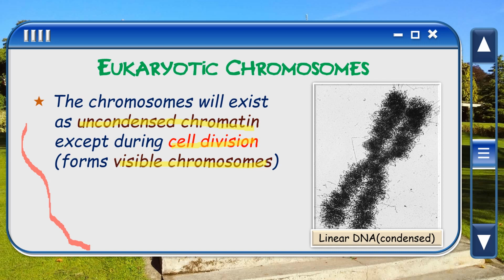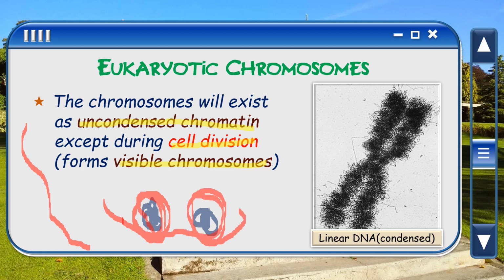They become condensed when they rotate around the histone proteins. We have looked at the histone proteins. What happens is that the chromosome will come and rotate around the histone proteins, and then it becomes shorter in length. So now it has become condensed. When it is bound around the histone protein, it becomes condensed.